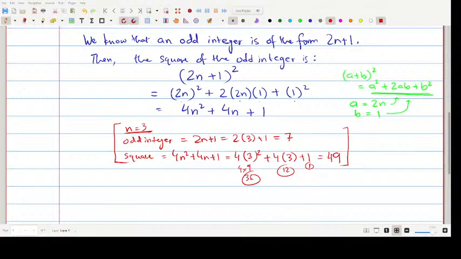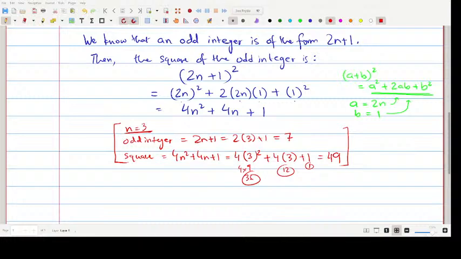Let's not go there. It will complicate things. So all positive odd integers are of the form 2n plus 1, where n should be 0 or more than 0. Again, an integer, right? So if you put n is 0, we get 1. If you put n is equal to 1, you get 3. If you put n equal to 2, you'll get 5, and so on.